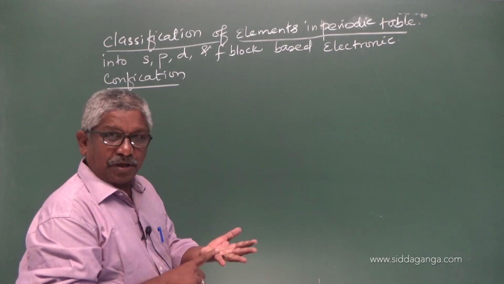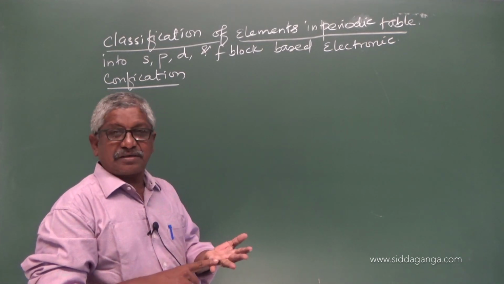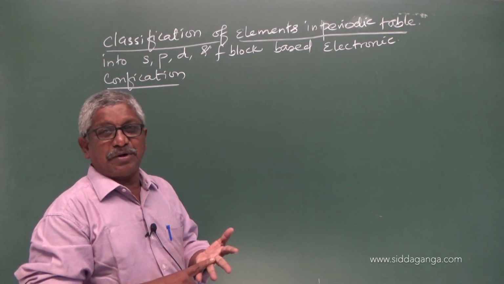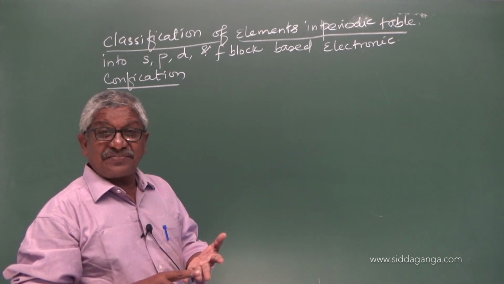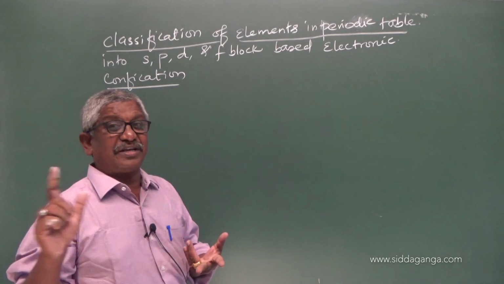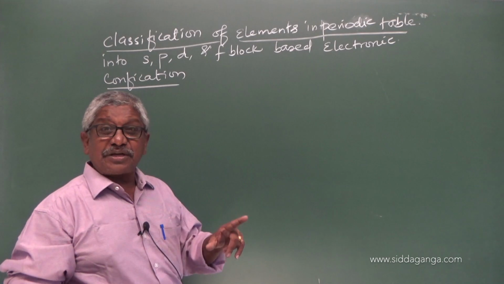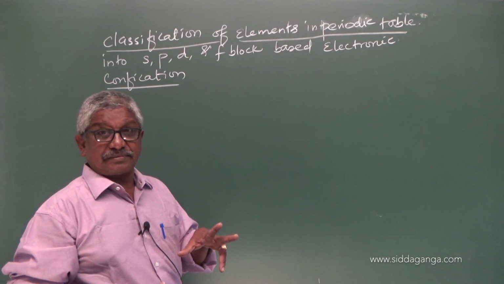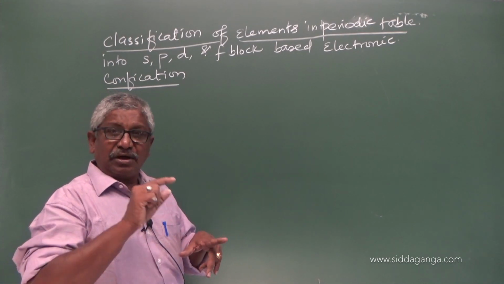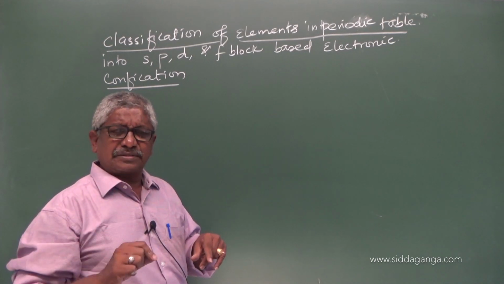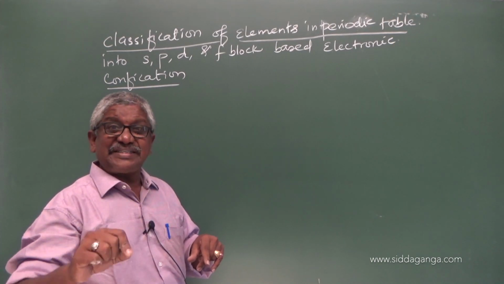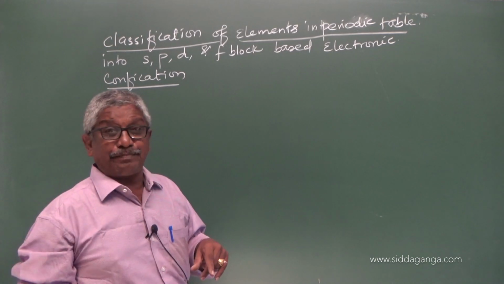So the S block, P block, D block and F block are classified based on electronic configuration. For atoms of elements, we look at where the last electron gets filled.